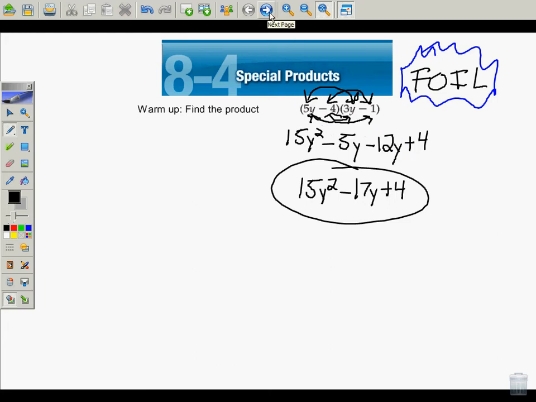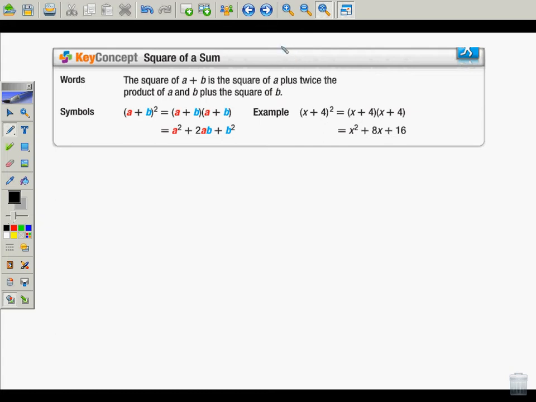So the first shortcut we're going to have is the square of a sum. The square of a sum means we have the square of a plus b. And it's the square of a plus twice the product of ab plus the square of b. Lots of words. Look at the part where they just break it down and show it mathematically. That will make it much easier.